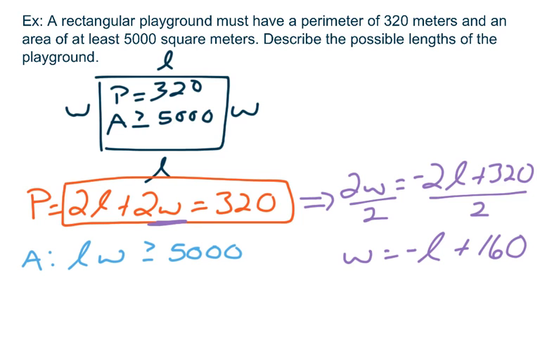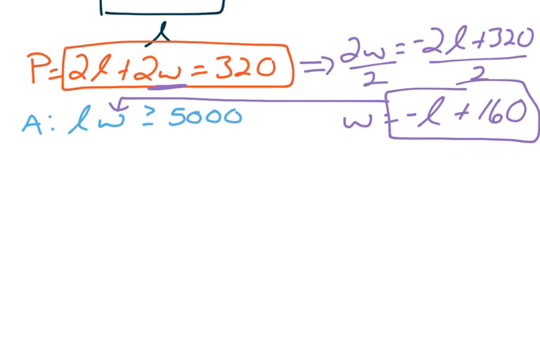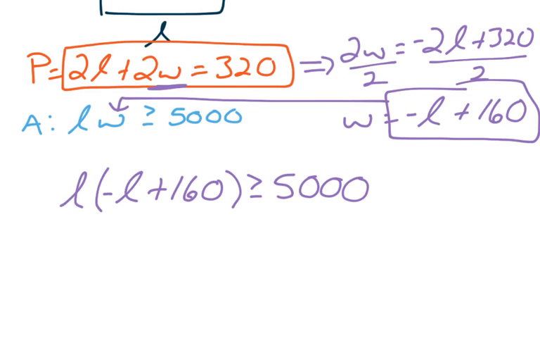I'm going to substitute that in for W. We're going to use the substitution method here. So we'll have the length times my width, which is negative L plus 160, and that's got to be greater than or equal to 5,000.